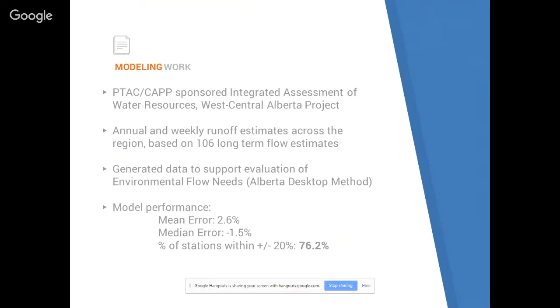The median error was just below 0, and for 76% of those 106 hydrometric stations, the model was within plus or minus 20%. So that's very good performance. Those statistics are all cross-validated within the model, and it's approximately the same as the model performance within the Northeast Water Tool.